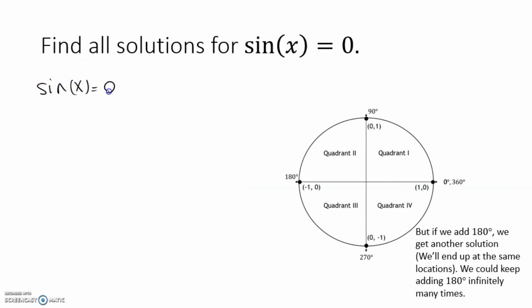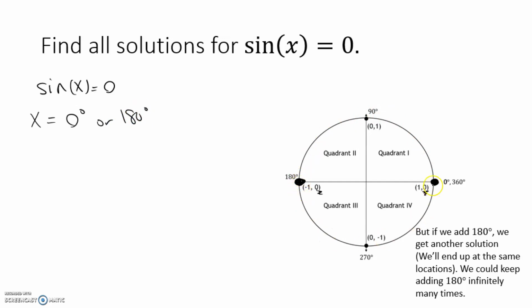If we look at sine of x is equal to 0, I'm going to go back to my unit circle and find where sine is equal to 0. I need that second number equal to 0. There's a 1, and there's a negative 1, so I have answers at 0 and 180. So x is equal to 0 or 180. To get from this answer to this one, I would add 180.